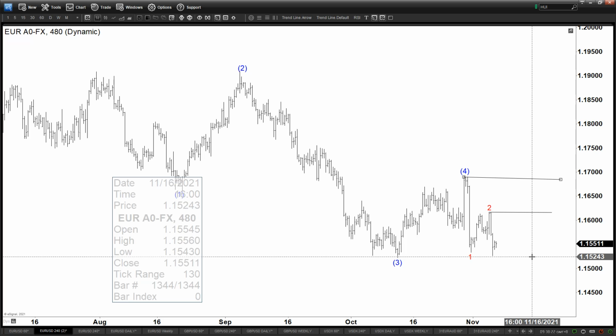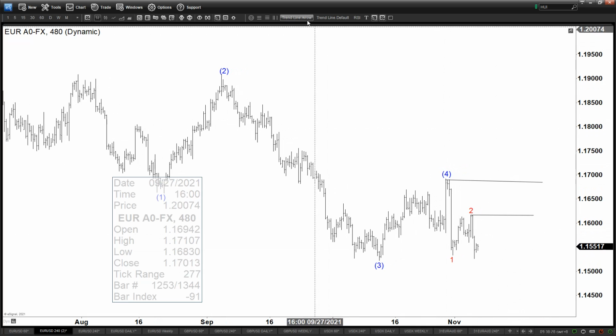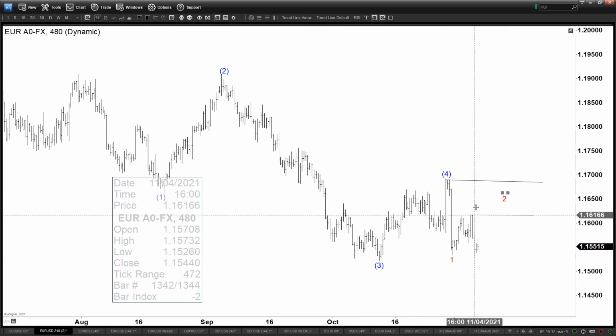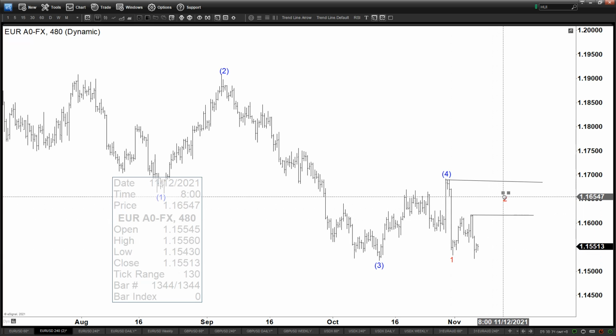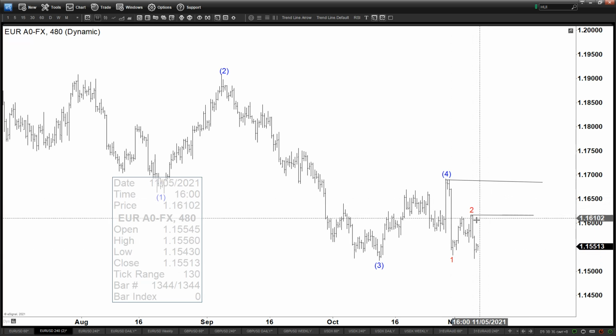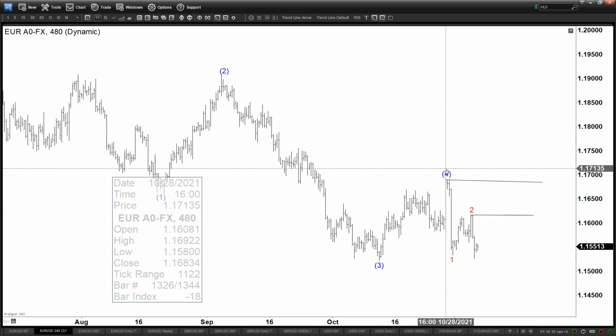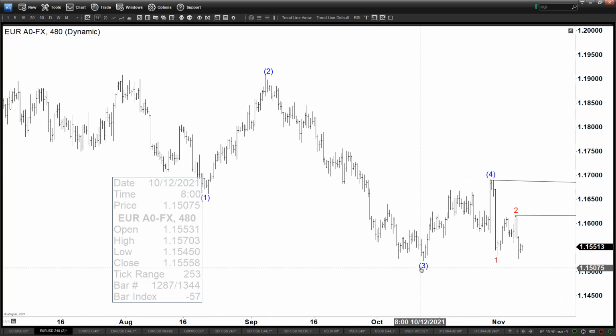Now, what about alternates? Alternates always exist. We can see a flat like we talked about in the wave 2, and an even more bullish alternate would suggest that you can call it completed, whatever it is here.